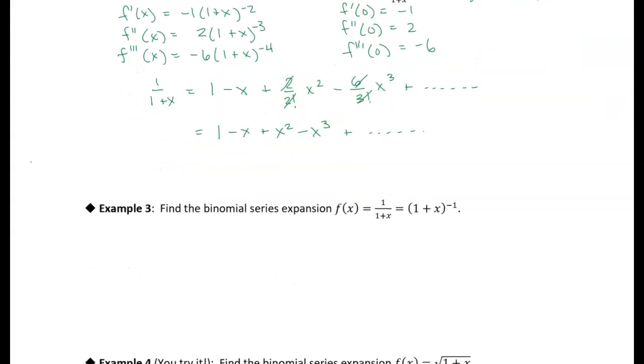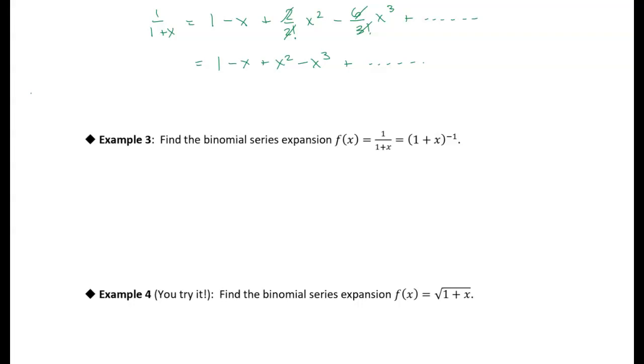So let's take a look at taking that same thing and applying the binomial series expansion. Like I said here, 1 over 1 plus x is just 1 plus x to the minus 1. So we have p equal to minus 1. And so we can just plug that into the binomial series expansion formula that we found. So we get 1 plus x to the minus 1 power is equal to 1 plus p, so that's minus 1, times x.